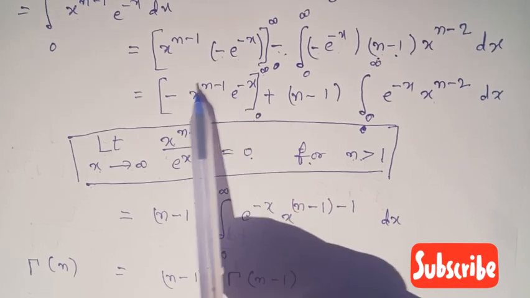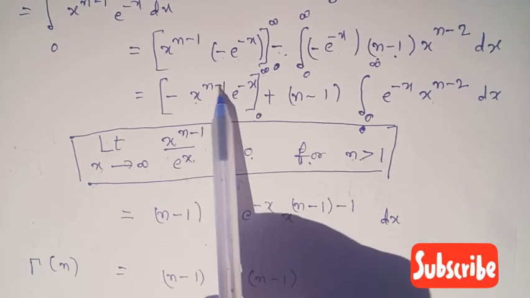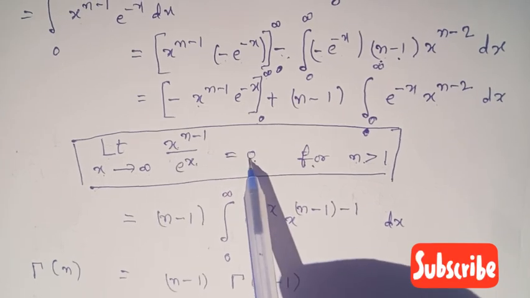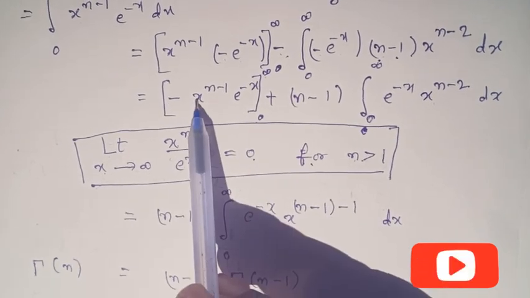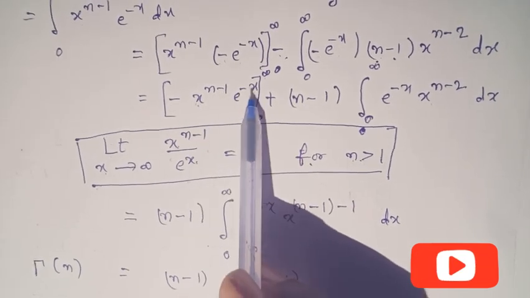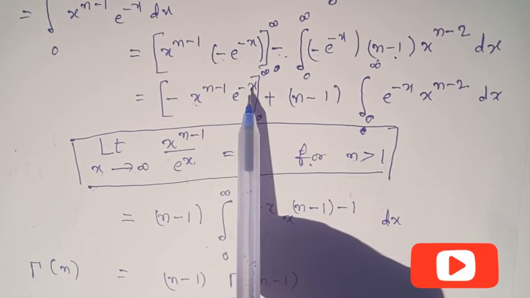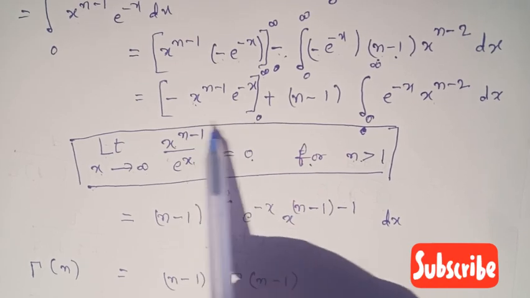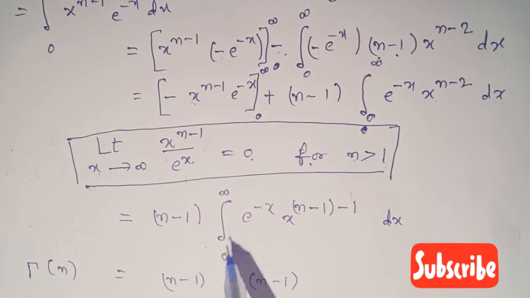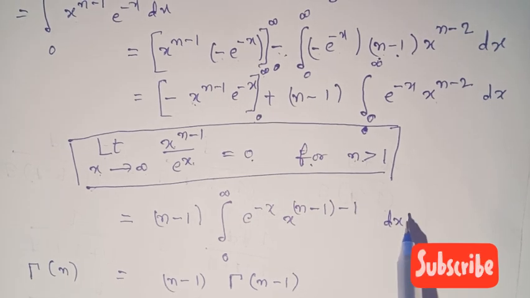Minus, if we replace x with 0, we will get 0 into e power of minus 0, and e power of 0 means 1, 0 into 1 is 0, therefore totally this term will become 0. Plus n minus 1 into the integral from 0 to infinity of e power of minus x, x power of n minus 1 minus 1 dx.